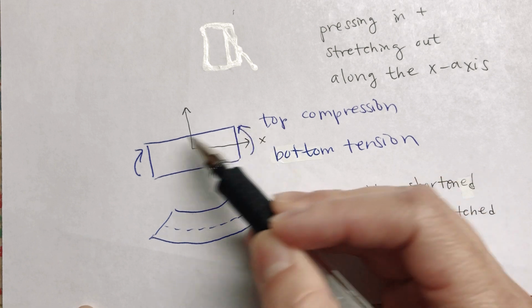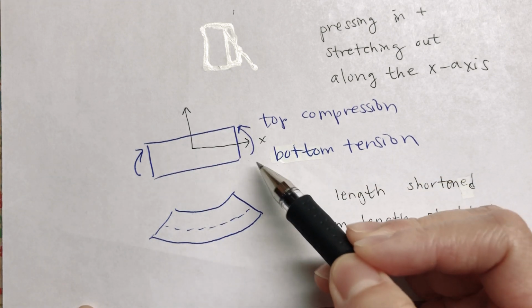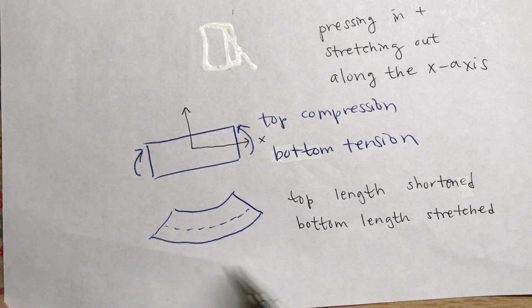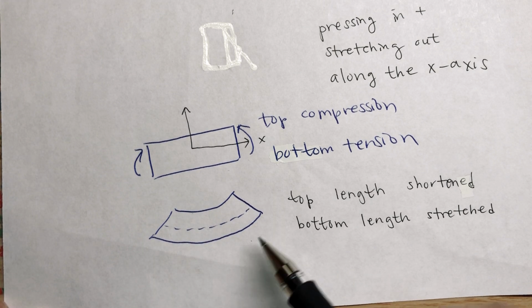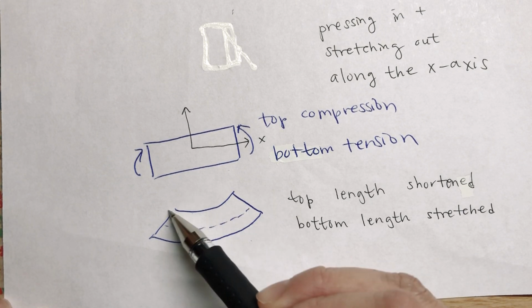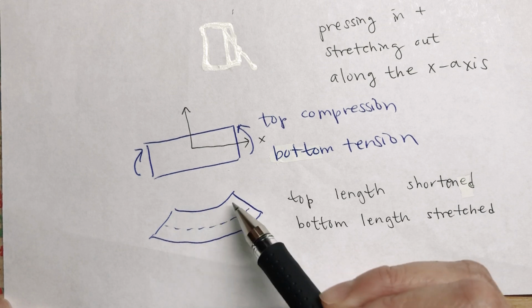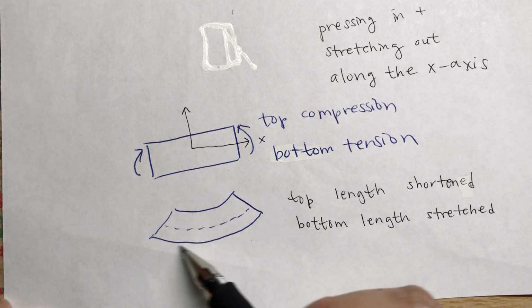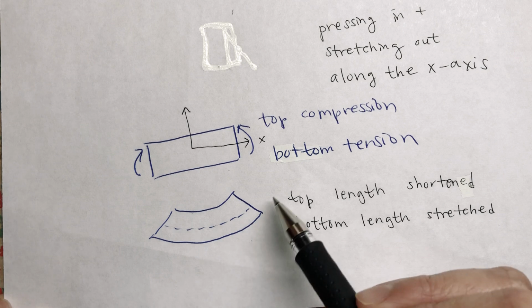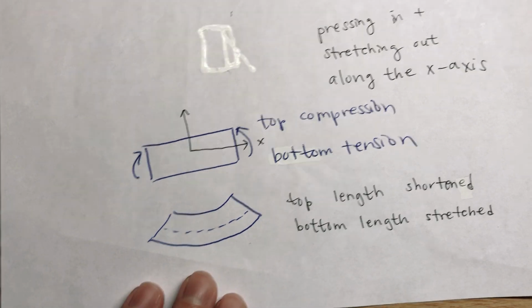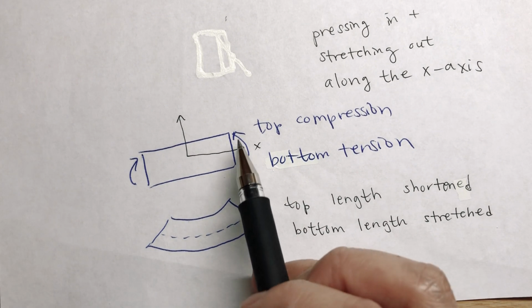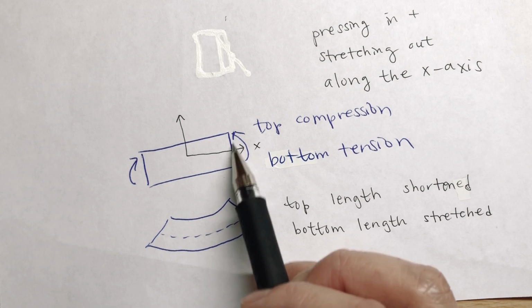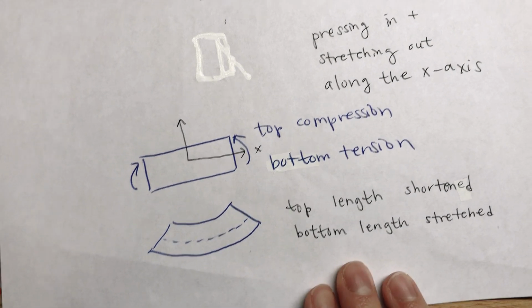So here it's in compression, here it's in tension. This is what the member is going to look like in bending. The top is going to be the most compressed, the most shortened, and the bottom is going to be the most stretched out. So where the moment points to, that's where there's going to be compression.